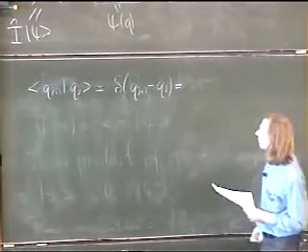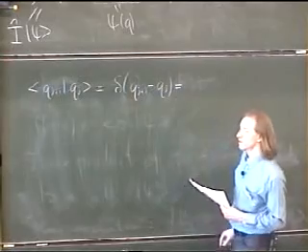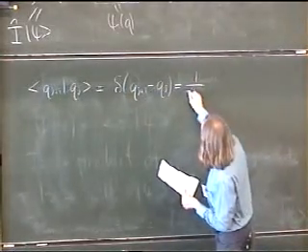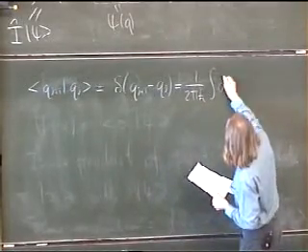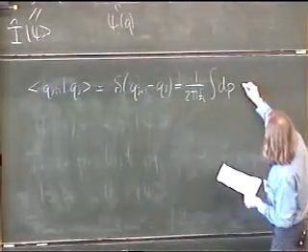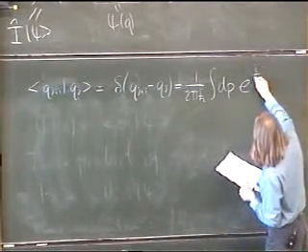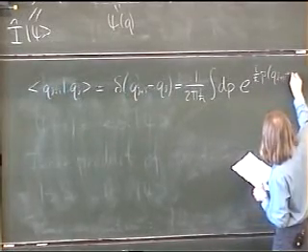If people want to ask, we can do this afterwards since I'm a little short of my time. And it's on the handout I'm giving out, essentially how to do this. So 1 over 2 pi h bar integral dp, make sure I get the factor right, e to the i over h bar p times the difference of the q's.